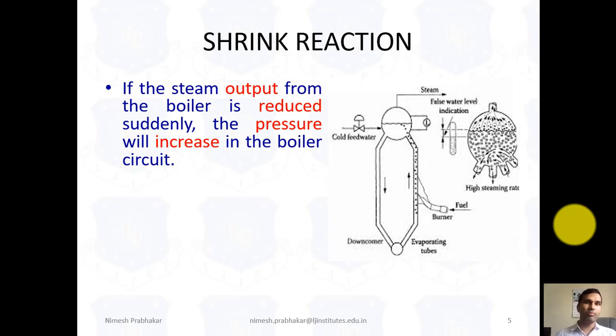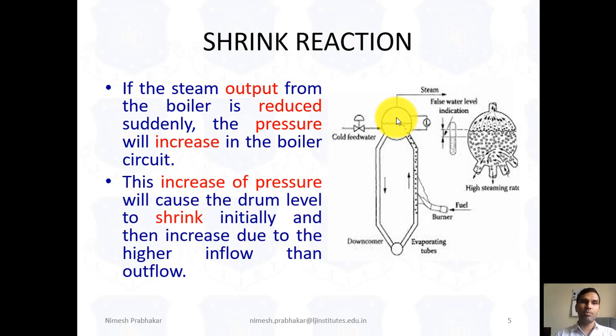In the swelling, we know that with a sudden increase in the steam flow, the pressure inside this drum is reduced. But in the shrinking effect, it is the opposite: due to the reduction of the steam flow rate, the pressure inside this boiler drum is increased. Right or wrong? Pressure inside this drum is increased.